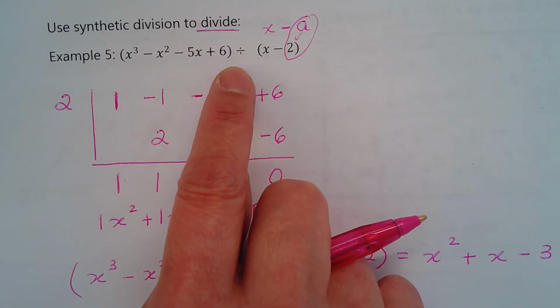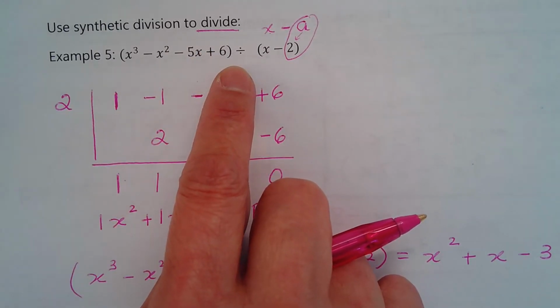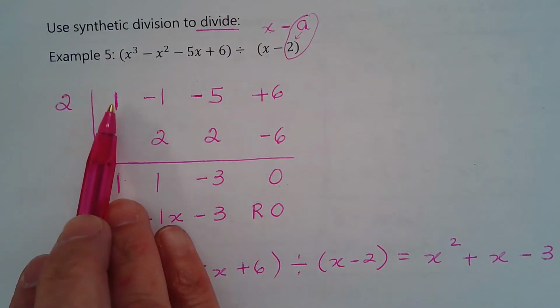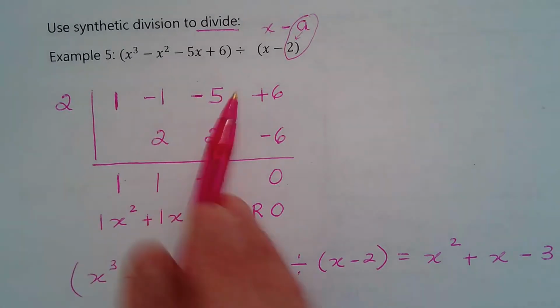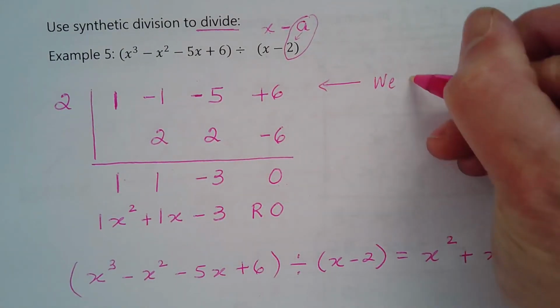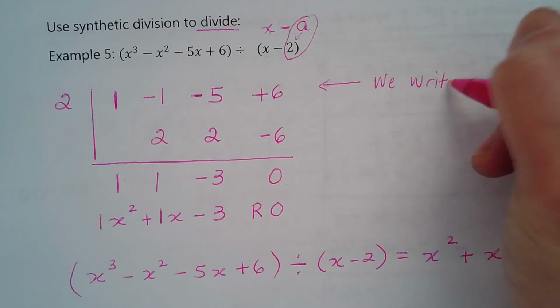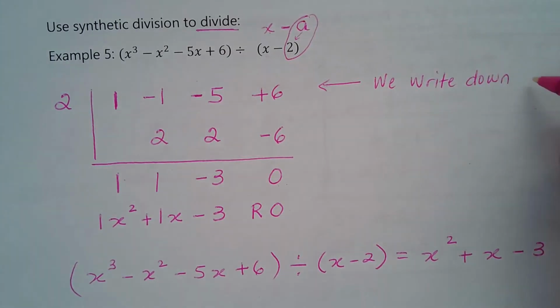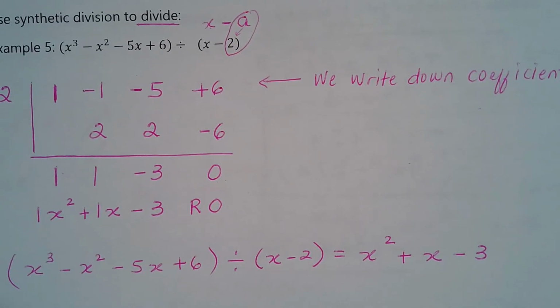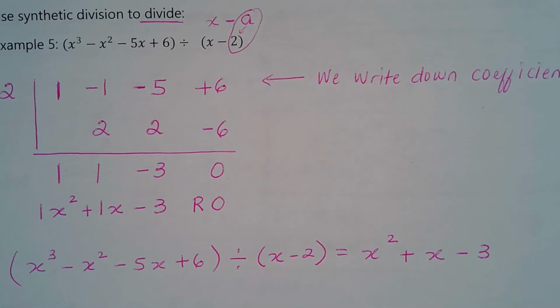If there's something missing, we fill in zeros as place value holders. Then we write down the coefficients only.